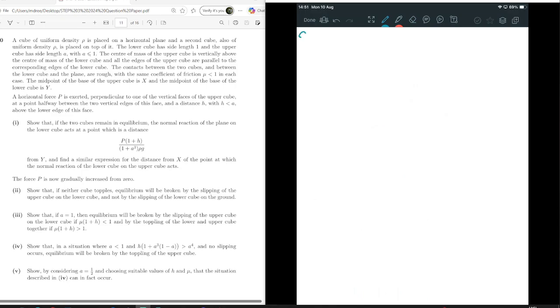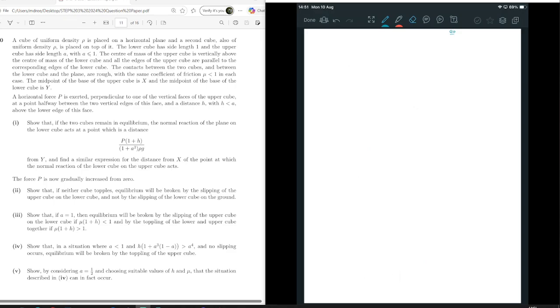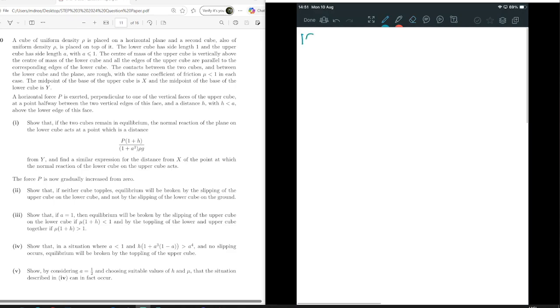As with every mechanics question, the most important first stage is drawing an accurate, large picture which has all the information, doesn't make any extra assumptions, and can be used throughout the question to pick out the relevant things at each time.